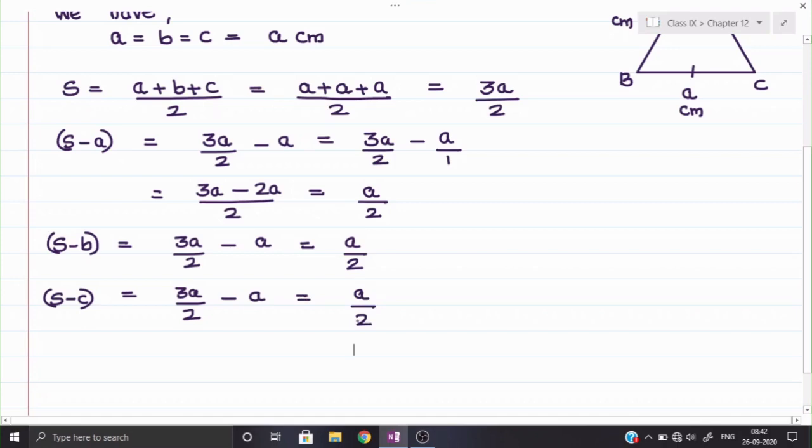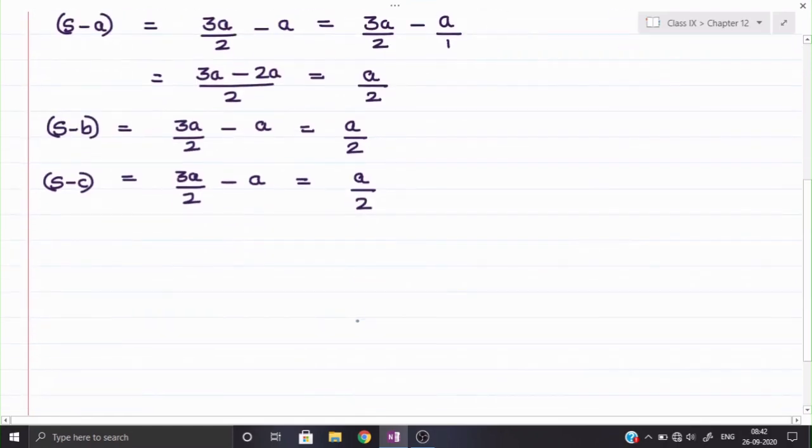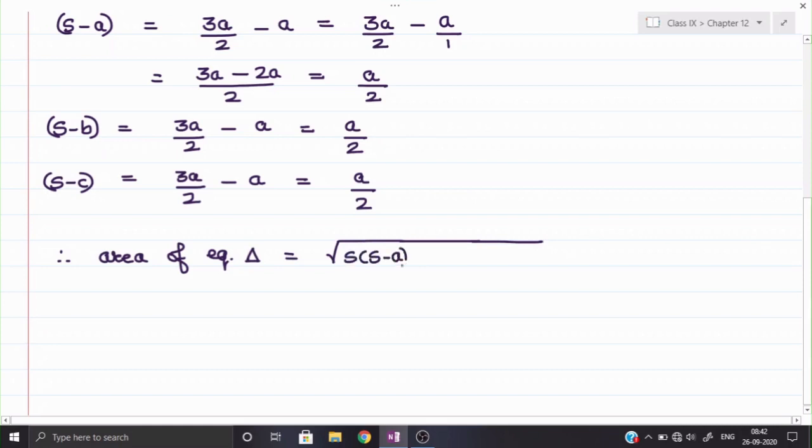Now let us find out the area. So here I can say that therefore, area of equilateral triangle is equal to under root of s into s minus a into s minus b into s minus c.